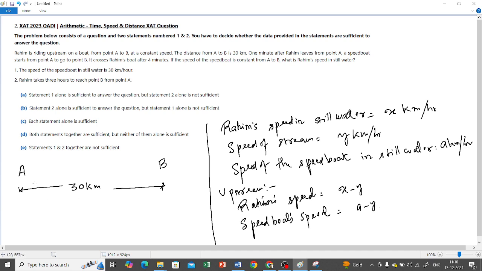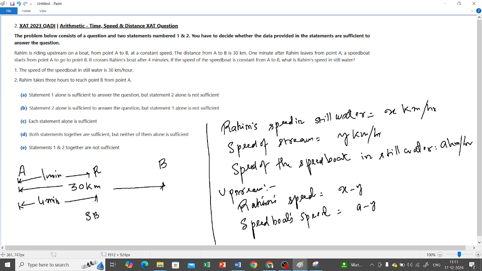Now it is given that the speedboat left station A 1 minute after Rahim. So when Rahim is 1 minute from A, the speedboat goes and meets Rahim. And what is the time taken by the speedboat in that case? 4 minutes.